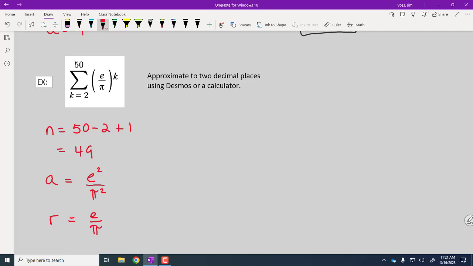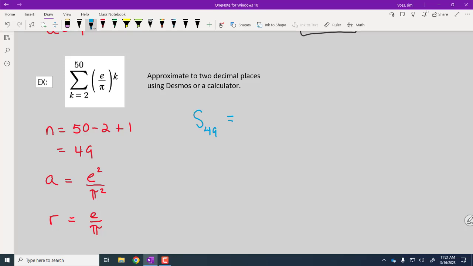So our formula is going to give us, so I'm going to write it as S sub 49 because S sub 49 means add the first 49 terms. That's what that means. It doesn't have anything to do with the k values.